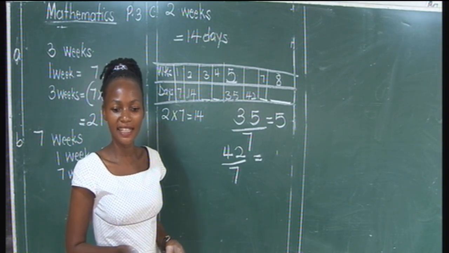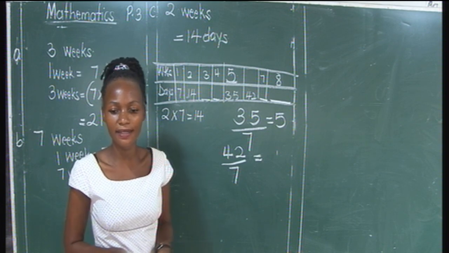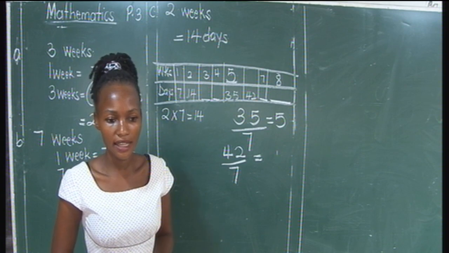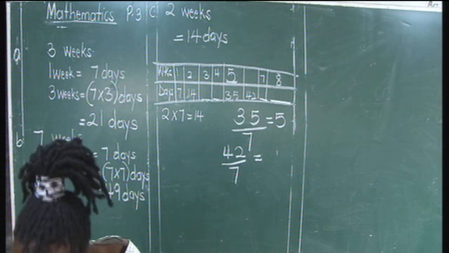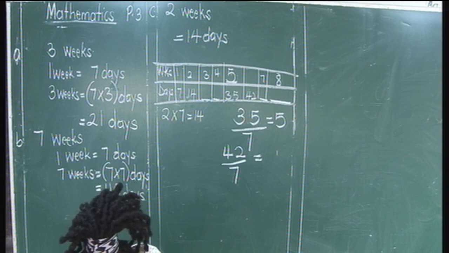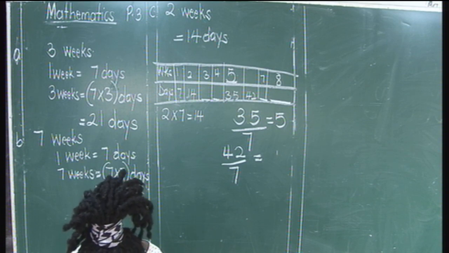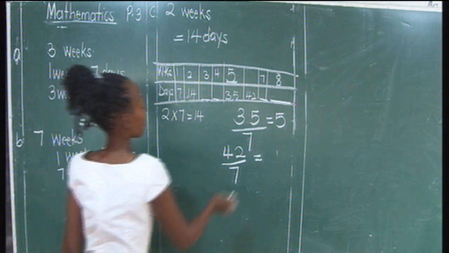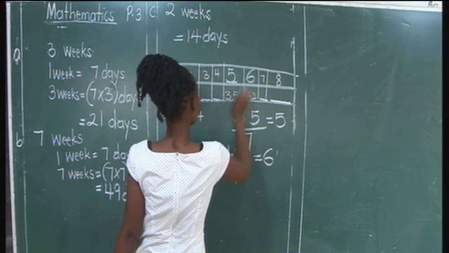Who has seen the answer? 42 divided by 7. Yes, Shivan? Get 6. All right.